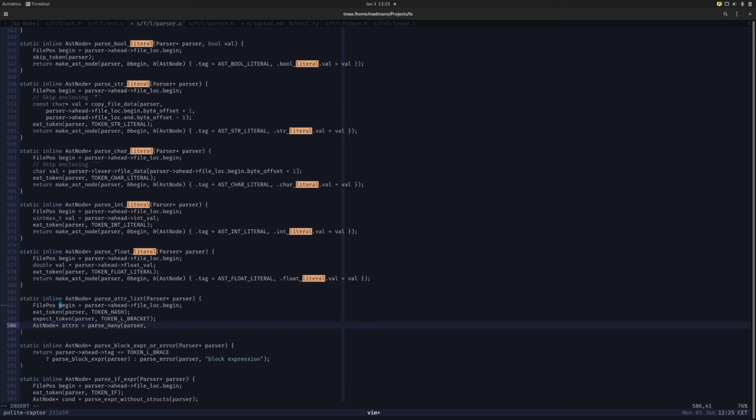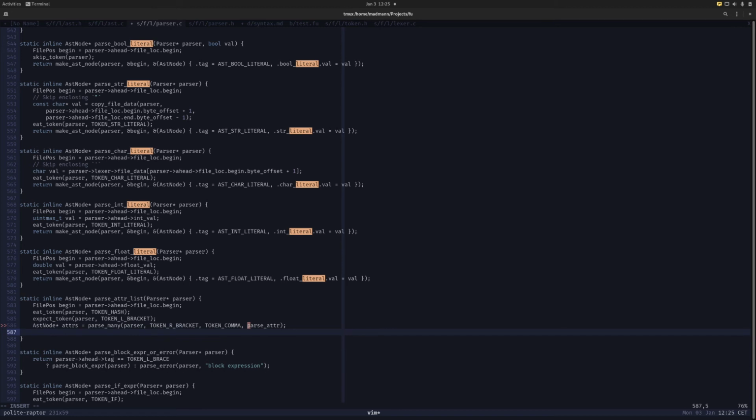And I'm going to say the thing that marks the end of the list is token r bracket. That's the end of the list of attributes. And what separates each and every attribute is a comma symbol. And to parse one attribute, you need to call this function called parse attr, which I haven't written yet. And then I expect the token to close the list.